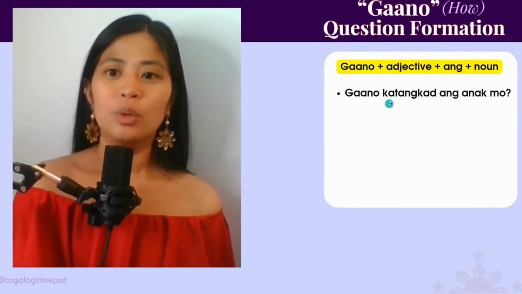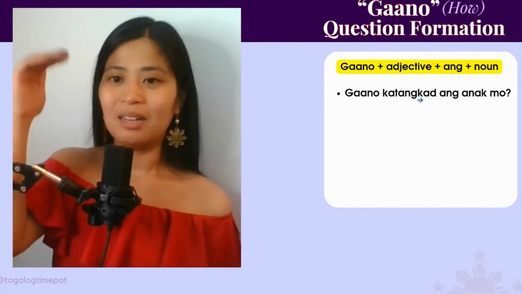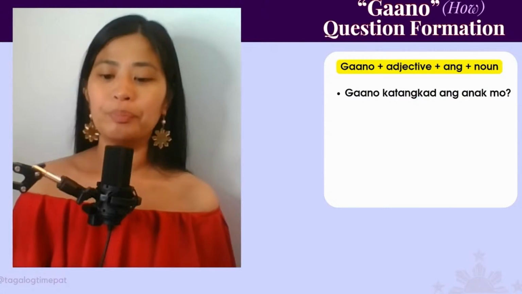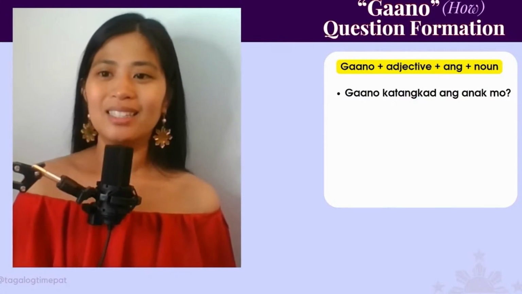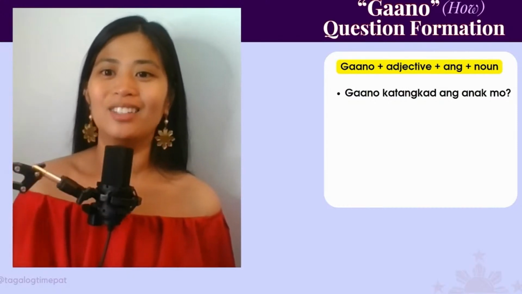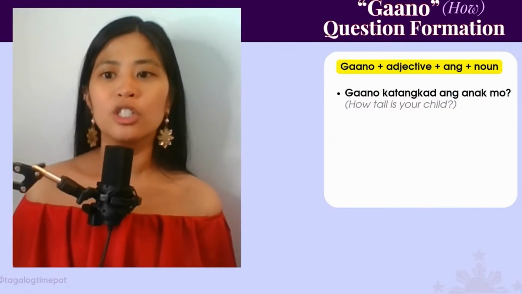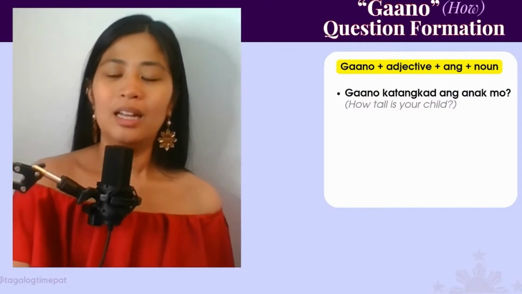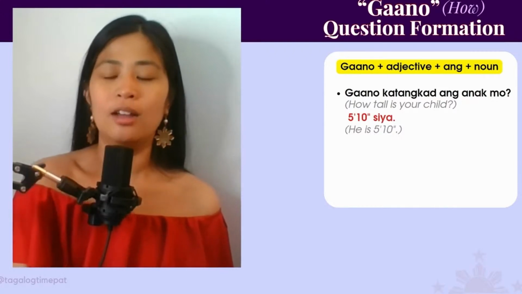Even if you've never heard the word katangkad, but you know the word matangkad. Matangkad means tall. Hopefully you can maybe guess that this is asking about the height of someone's child, right? So, gaano katangkad ang anak mo? How tall is your child? The answer would be 5'10" siya. He is 5'10".